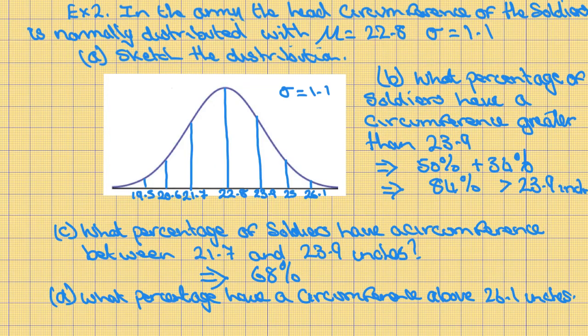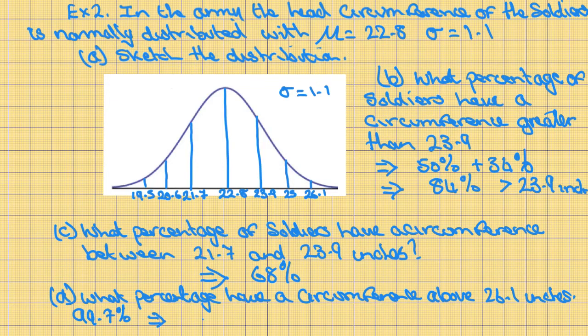D. What percentage have a circumference above 26.1 inches? If you look at the distribution, 26.1 is at 3 standard deviations above the mean. Between minus 3 standard deviations and 3 standard deviations lies 99.7% of all the data.